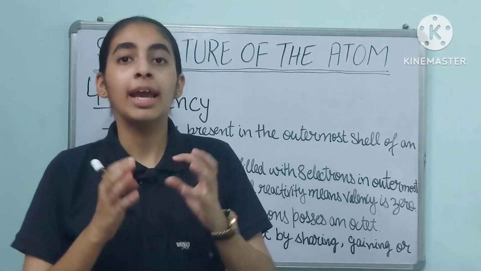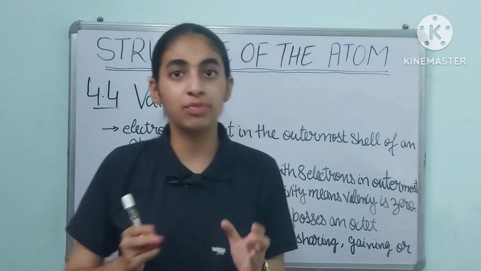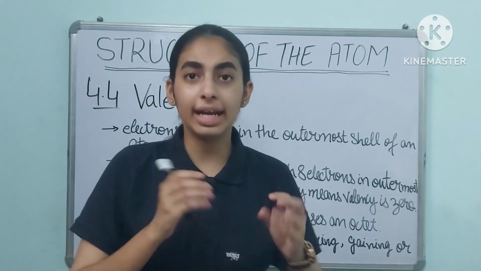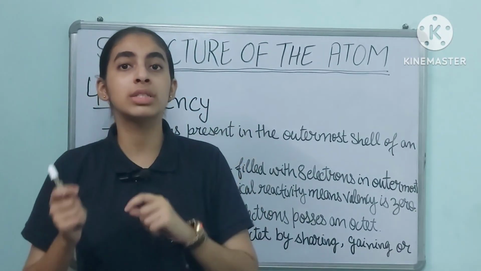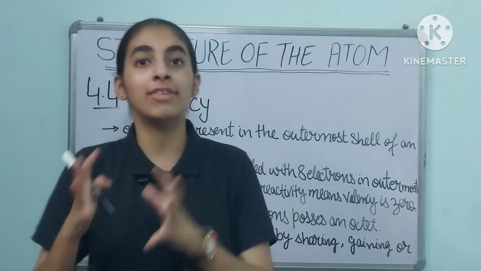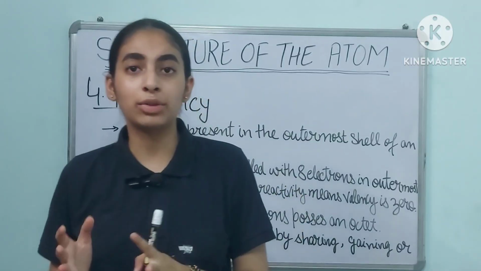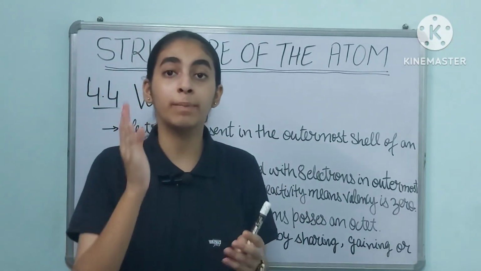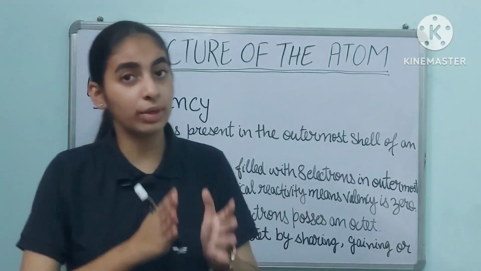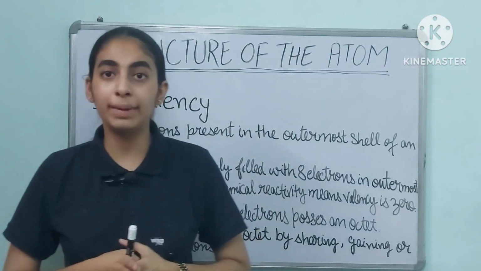For example, fluorine. In fluorine, the outermost shell is filled with 7 electrons, and its valency will be 7, right? But it will be difficult for fluorine to lose 7 electrons. So instead of losing 7 electrons, it will gain 1 electron from another atom. By gaining one electron, the octet will be complete, right?